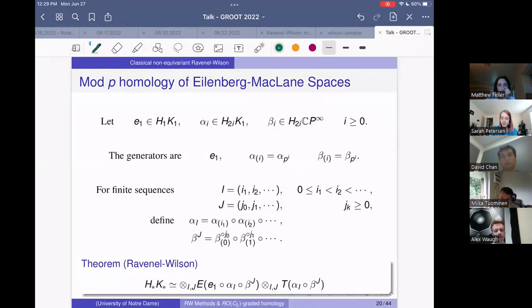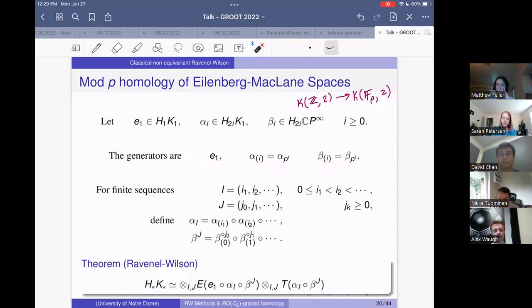So here we're supposed to remember that CP infinity is a KZ2, and as such has a map to KFP2. So that is how these additional generators are coming from. And then our generators are going to be E1 alpha parentheses I, which is going to live in degree 2p to the I, and beta parentheses I in degree 2p to the I as well.